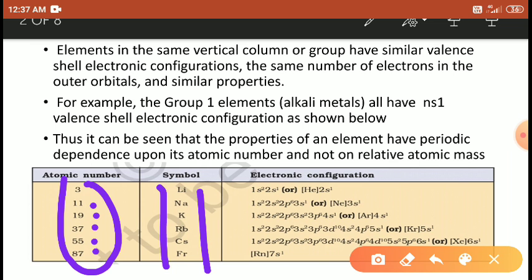What common thing do we see in this group? In lithium the outermost electron is present in the 2s1 orbital. It means one electron is present in the s orbital.